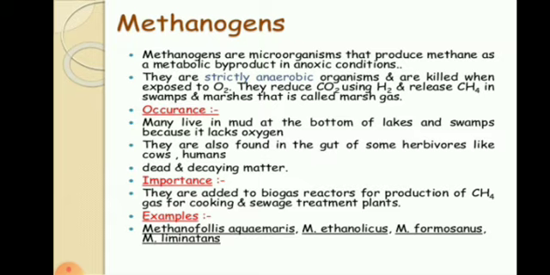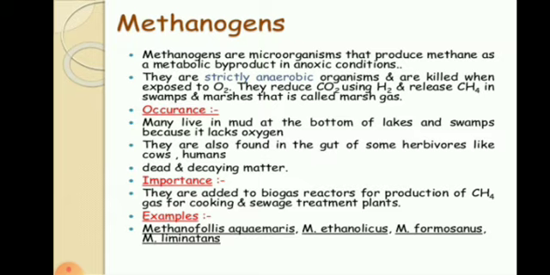Some specific features of archaea. Number one, they are methanogens: they produce methane as a metabolic byproduct in anoxic conditions, in the absence of oxygen. They are strictly anaerobic organisms, killed when exposed to oxygen, so they reduce carbon dioxide using hydrogen and release methane in swamps and marshes.